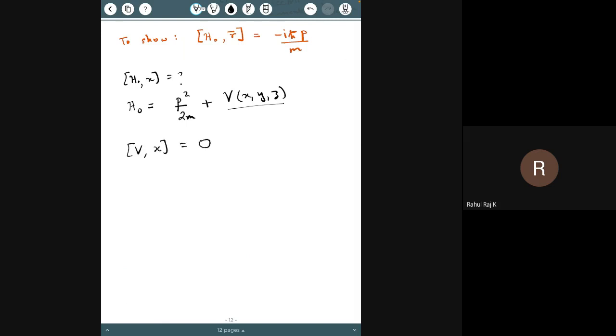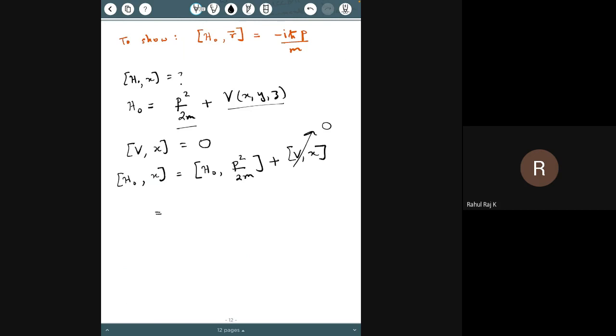So the only commutators that are non-zero are the ones coming from P squared by 2m. So the commutator of H0 with X is the commutator with P squared by 2m plus the commutator with V x, which is 0.